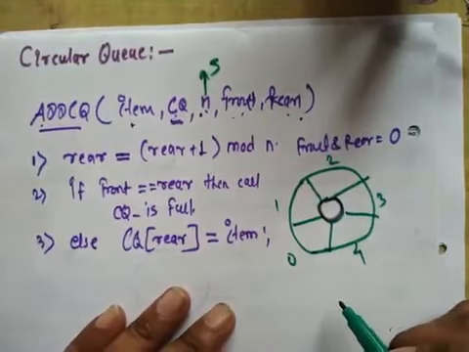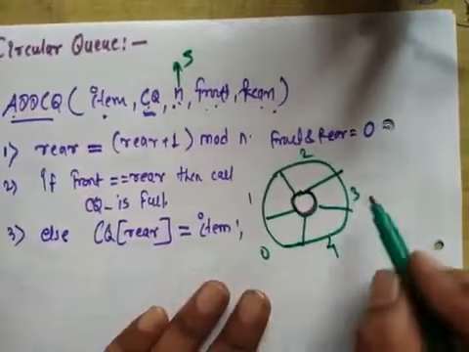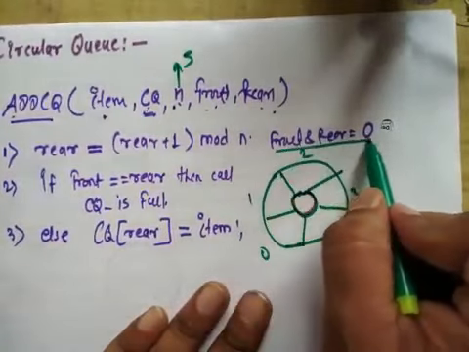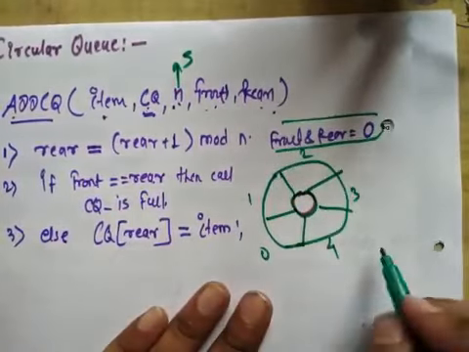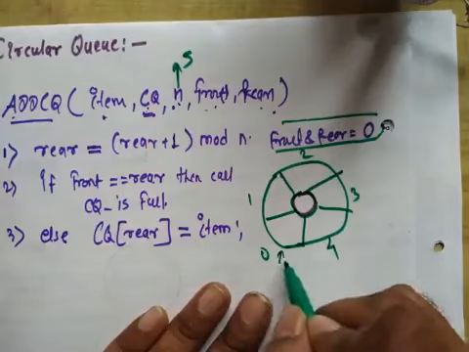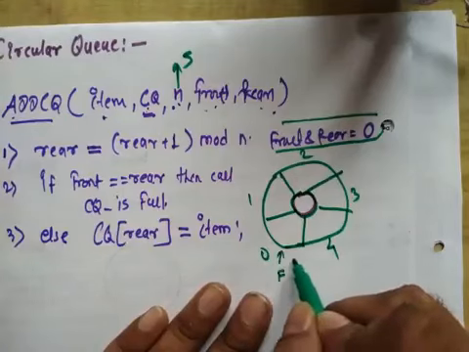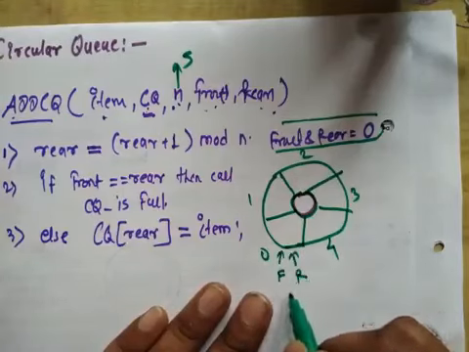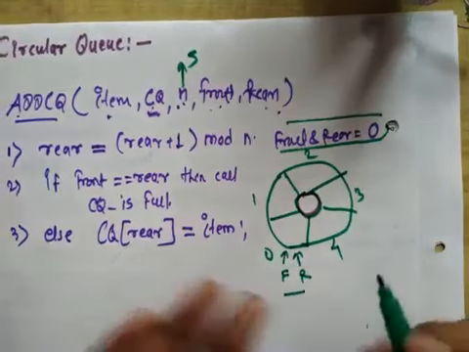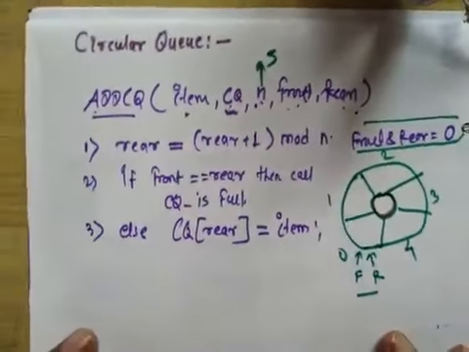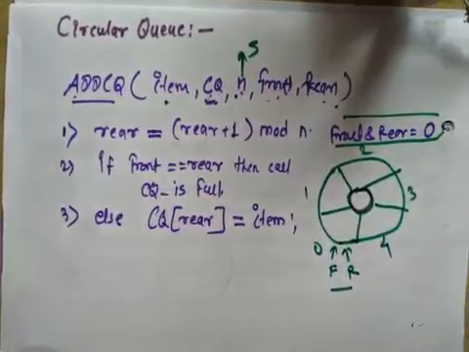How many elements can this hold? When we create a circular queue, we initialize our front and rear to index 0. So initially my front and my rear both are pointing to index 0. Okay, now call the add circular queue algorithm.